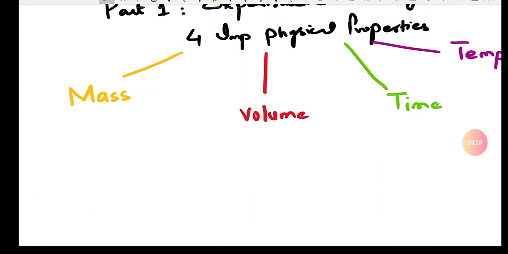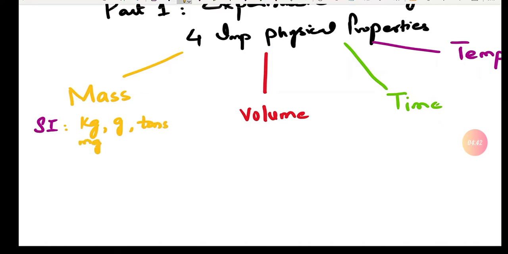Let's start with mass. Mass is the matter that is present in a body. The SI unit for this purpose is kilogram. You may also use other units like grams, tons, milligram.